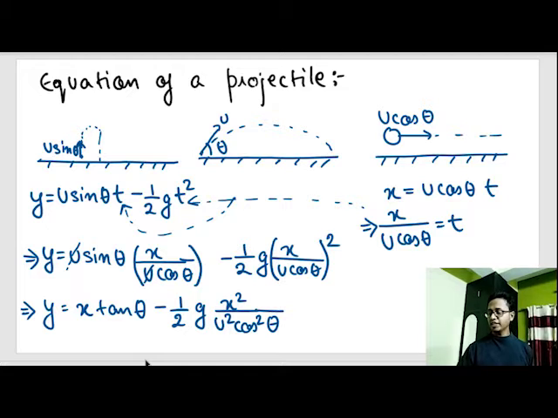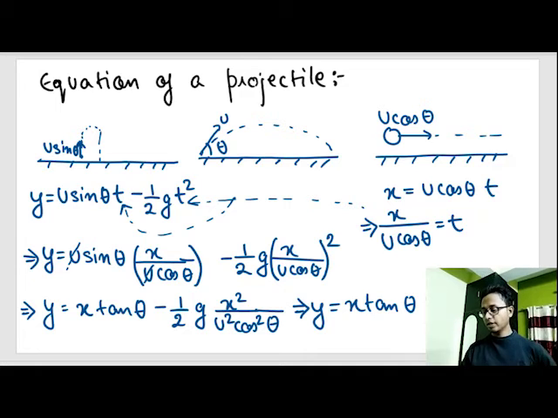Now this is very cumbersome to remember. The easier method to remember is y is equal to x tan theta into 1 minus x by r. What is r here? r is nothing but the range. I think this part is not visible, that's why I'll write it a little bit on the next page.